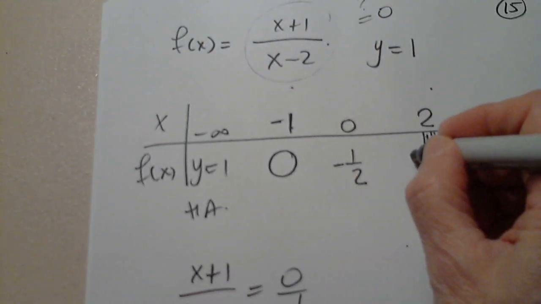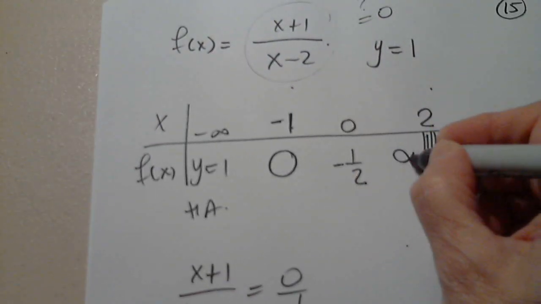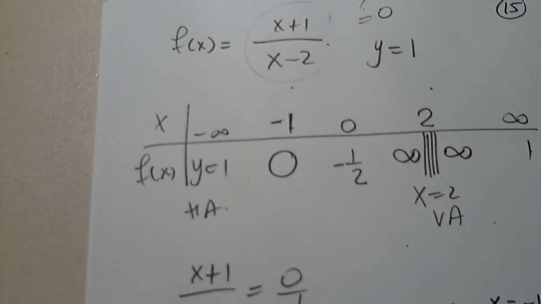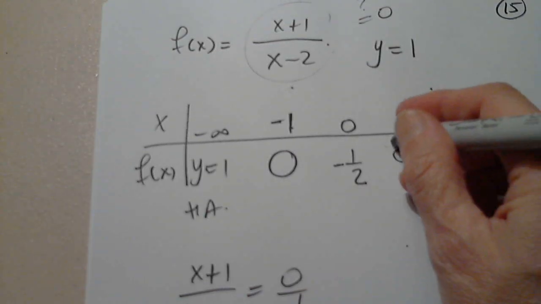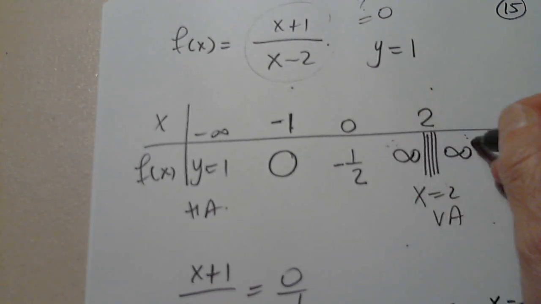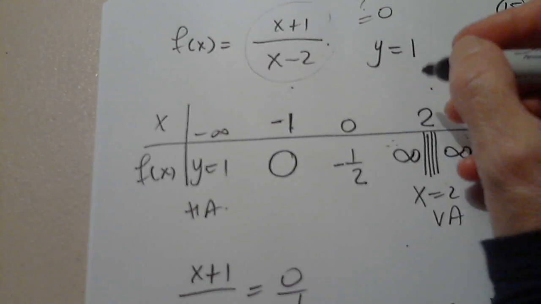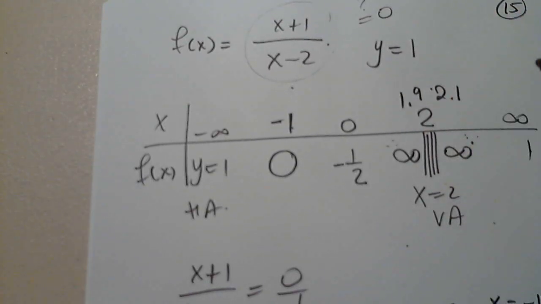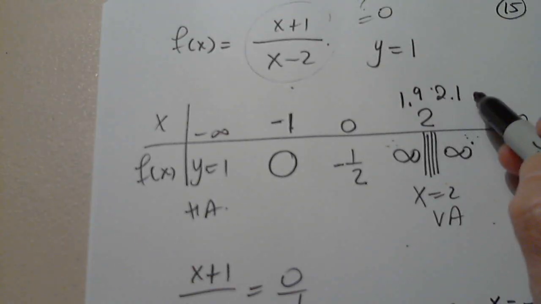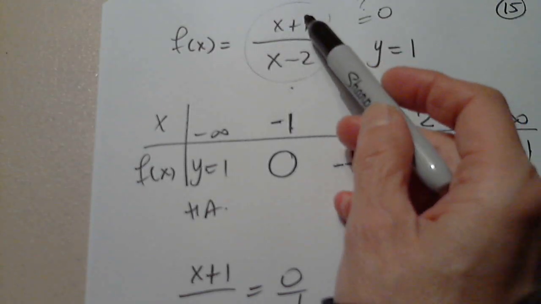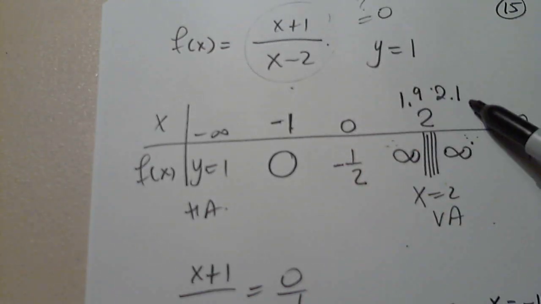Good. Now I only need the sign here. I know that since it's a vertical asymptote left and right, it has to be infinity. But it could be positive, positive, negative, negative, positive, negative, negative, positive. I don't know. But if you remember what we do, we plug in these 2 test points, test values. I'm not going to graph them, but if I plug in, the numerator is positive no matter what.